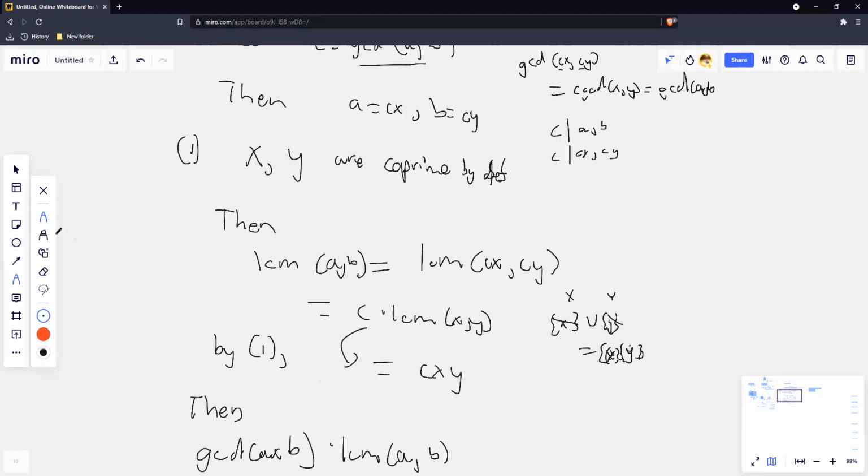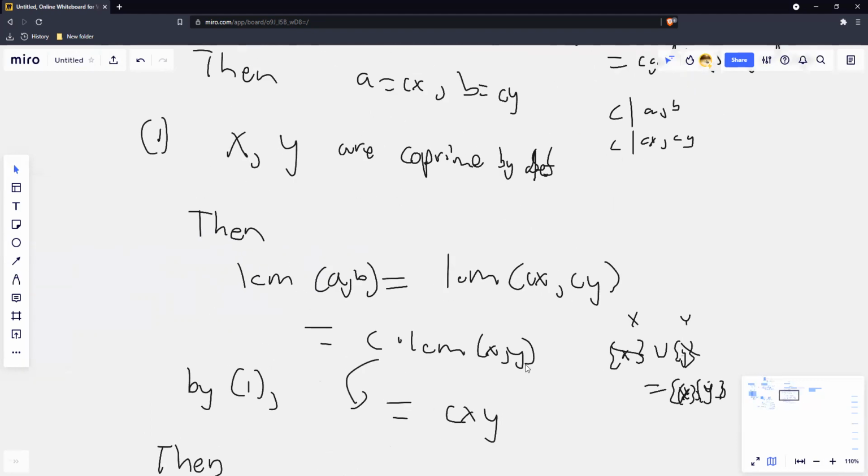So we have LCM(X, Y) equal to X times Y, right? For example, since 2 and 3 are coprime, LCM of 2 and 3 is 6, and 6 is equal to 2 times 3. That's why.